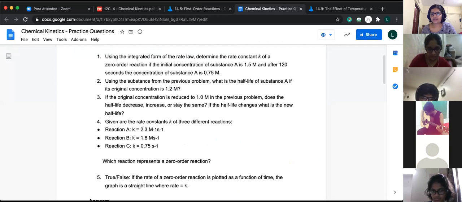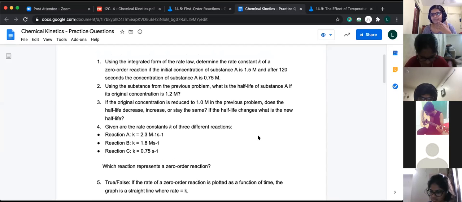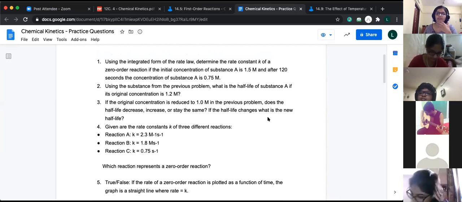Siddharth, not sure. Check. Rutvik, no. Jasleen, yes, got the answer. So use the rate constant from the previous part, which is basically 0.00625, yeah, 6.25 into 10 power minus 3.